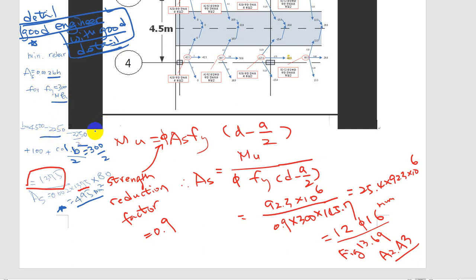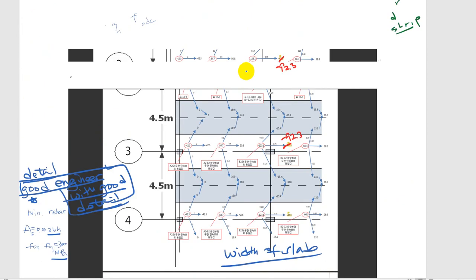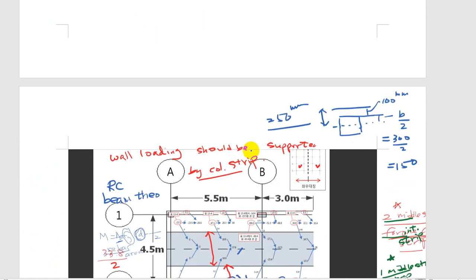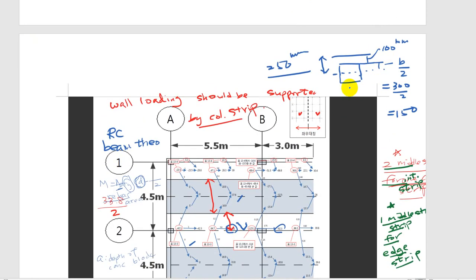I'm not going to repeat this in the next examples, but I went through it to help your understanding of how you detail the width of the slab. So again, from 4,500 you subtract this, and you add this. This is add. I'm very patient in explaining this. This is good detailing.